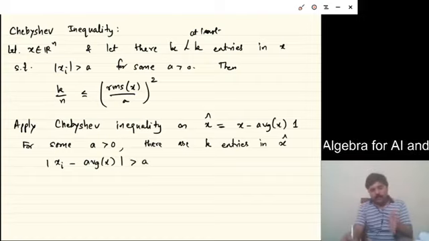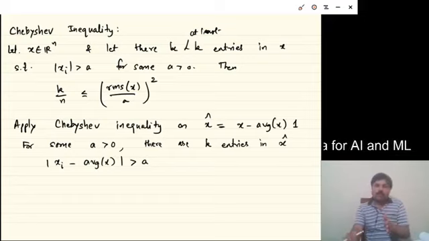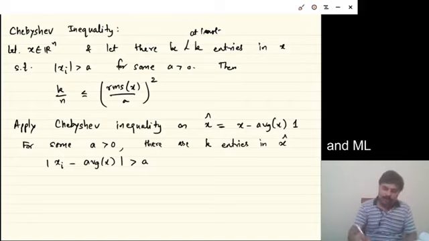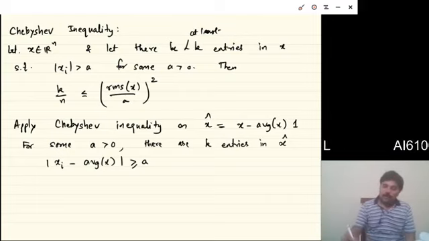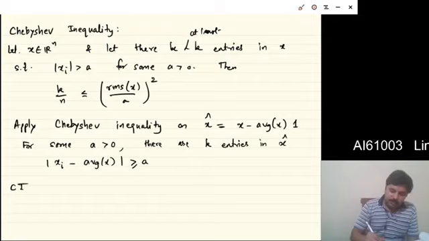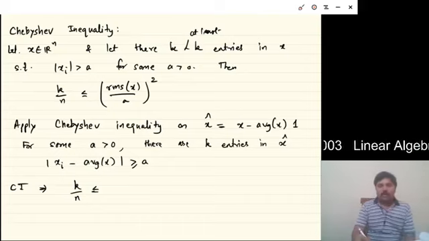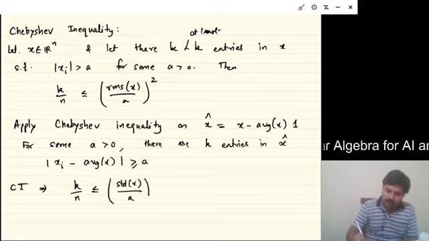So this entry xi deviates away from the average value of x by an amount of at least a. That's what we are saying. And how many such entries? k such entries are there. Then the Chebyshev inequality implies that k by n is less than or equal to the RMS value of x hat, but the RMS value of x hat is nothing but the standard deviation of x. So, standard deviation of x divided by a whole square.